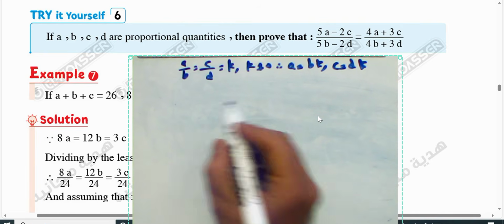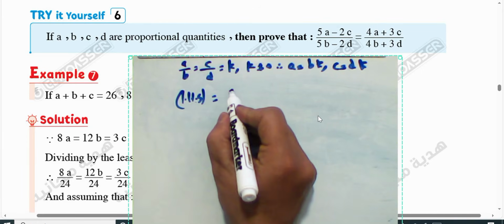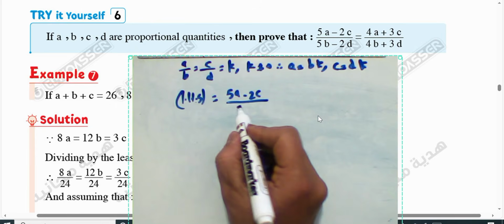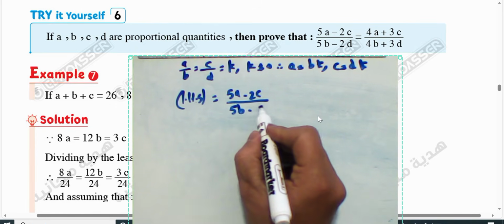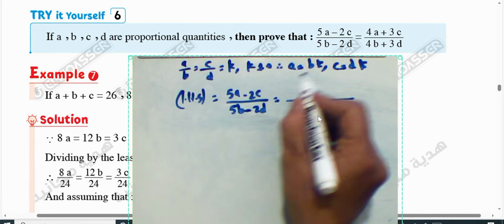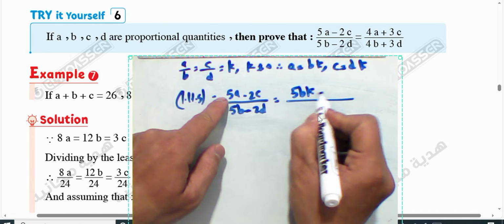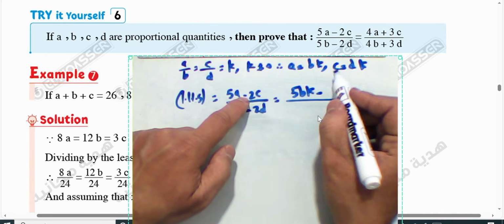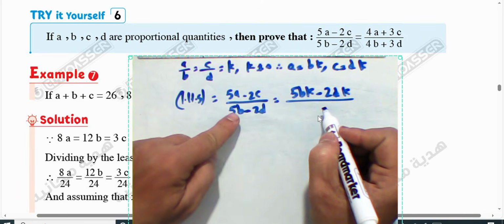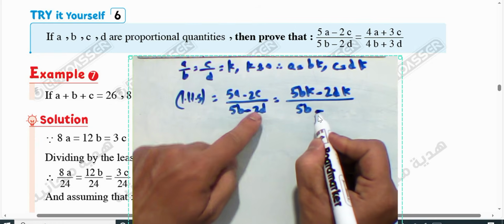Start at left hand side. We have 5a subtract 2c over 5b subtract 2d. 5 times a, a equals bk, then 5 times bk. 2 times c, c equals dk, 2 times dk. 5 times b, subtract 2 times d.